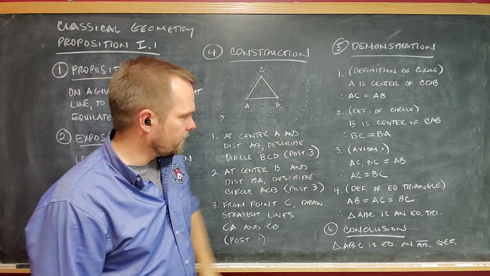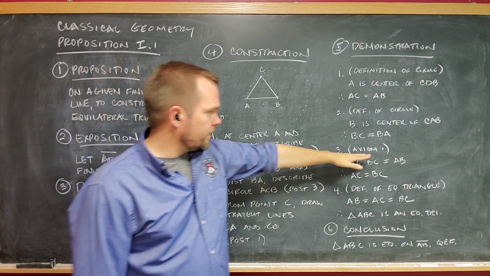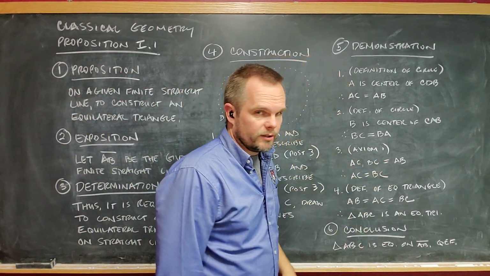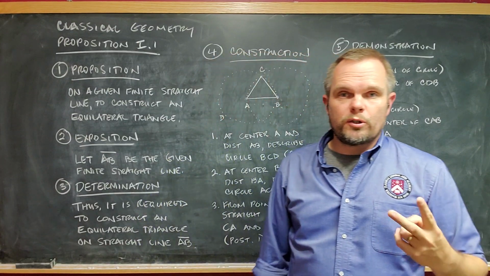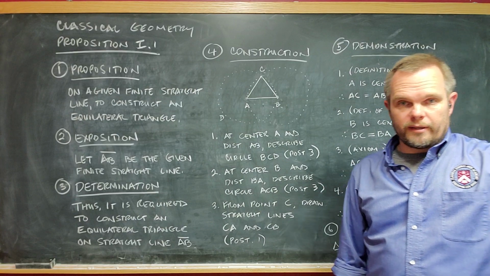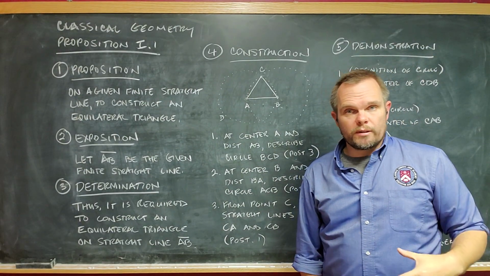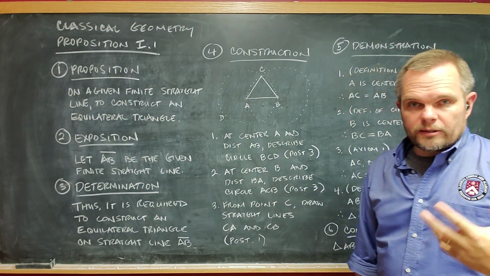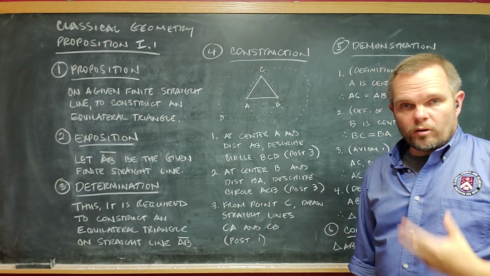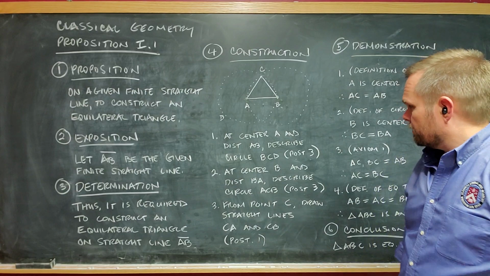Now, in step 3, we're going to begin with Axiom 1. And Axiom 1 tells us that any time two things are equal to a third thing, they're equal to one another.